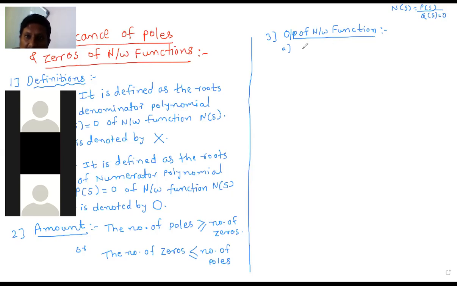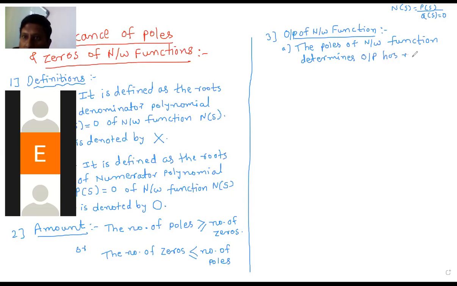So N of s, when we are putting infinity, then we are getting the poles in the output. So we can write like this: the poles of network function determine the output has reached the infinite value.